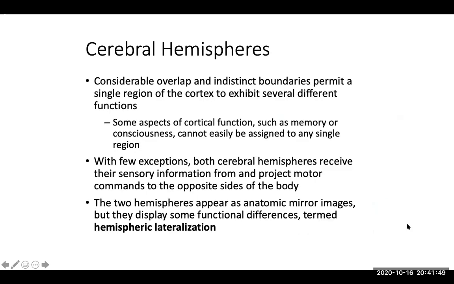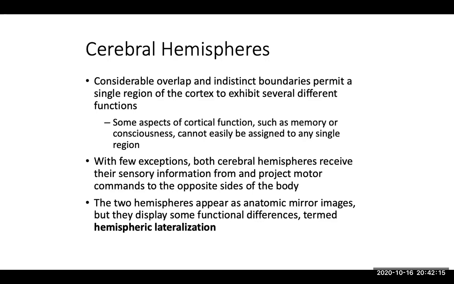Cerebral hemispheres have considerable overlap and indistinct boundaries that permit a single region of the cortex to exhibit several different functions, like memory and consciousness, that can't be easily assigned to any single region. With few exceptions, both of these hemispheres will receive their sensory information from and project motor commands to the opposite side of the body.